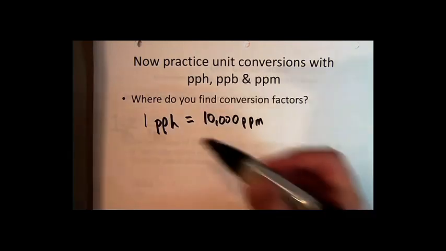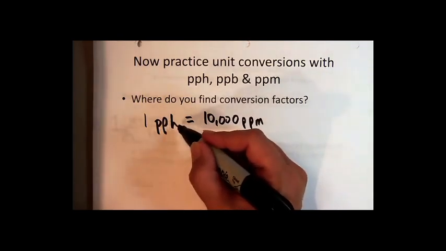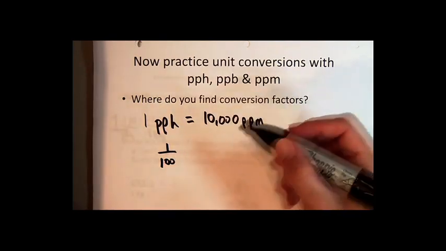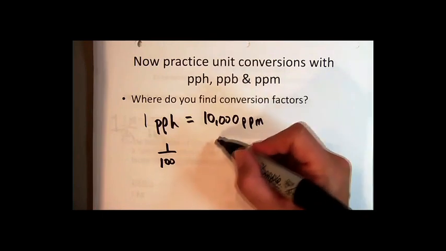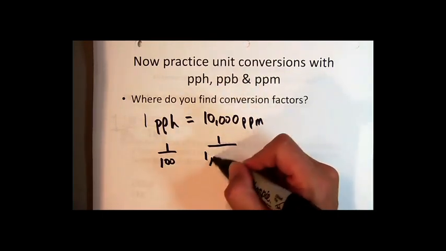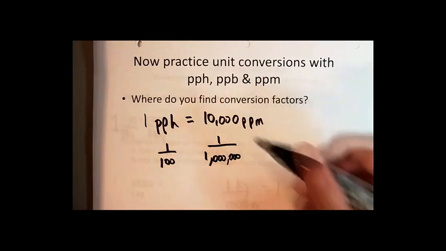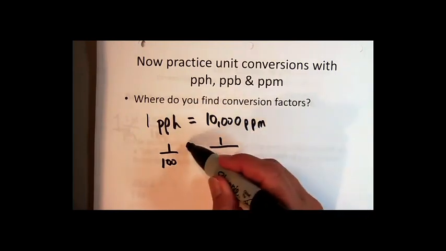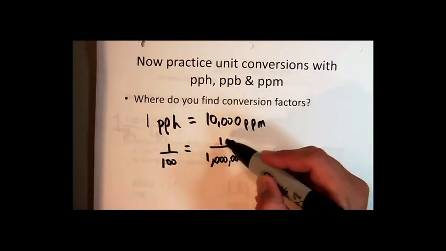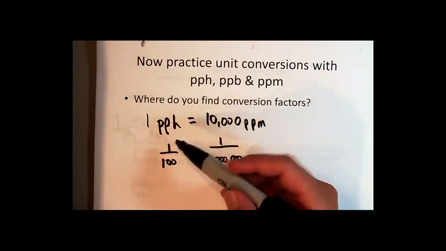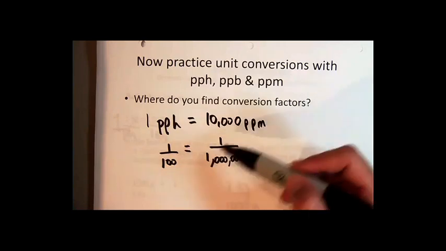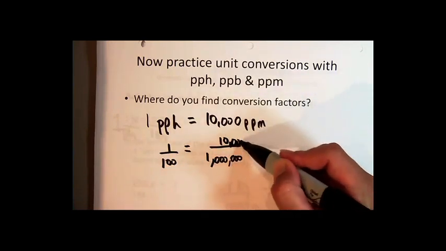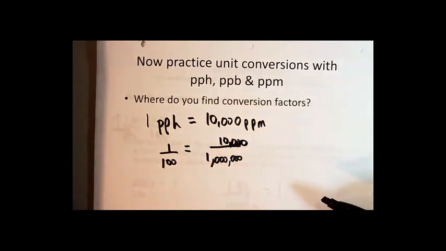Instead, what you can understand is the concept: 1 part per 100 is the same as 1 over 100, and 1 part per million is the same as 1 over a million. So in order for 1 part per 100 to be equal to a ppm, we have to have 10,000 parts per million, okay?